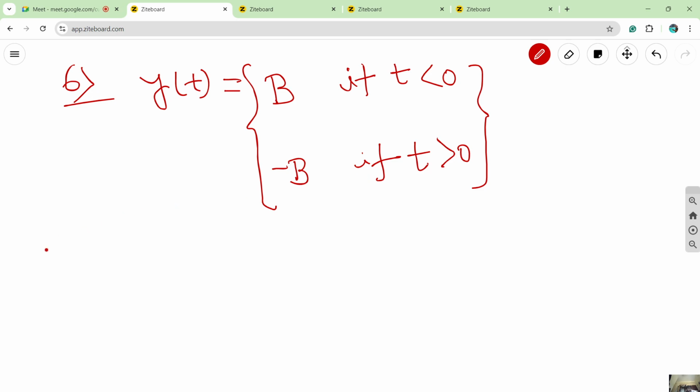So the question is, I am giving you four representations and you have to say which is a good representation.